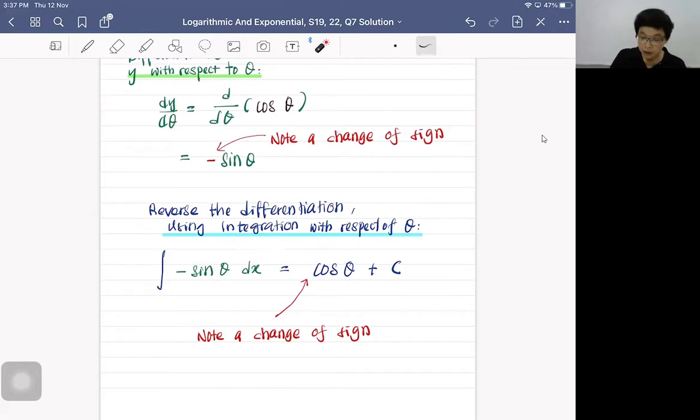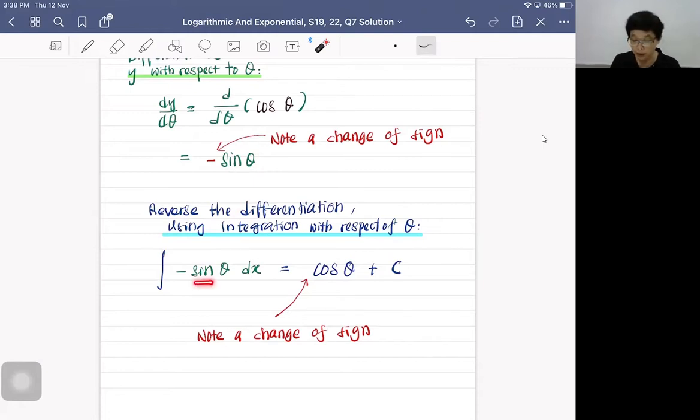If you have obtained negative sine theta as a result of differentiating y, and now you want to undo that differentiation, I take this result and put it here with the integration symbol, and they just undo the process.